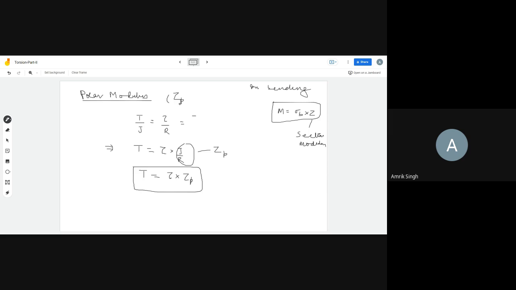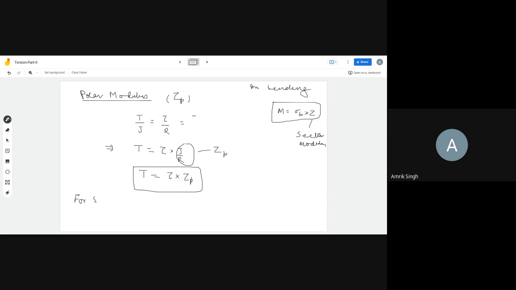Now for the solid shaft, if you want to calculate, there it was the moment of resistance; here it becomes the strength. The strength of the shaft is also known as the maximum power which can be transmitted.